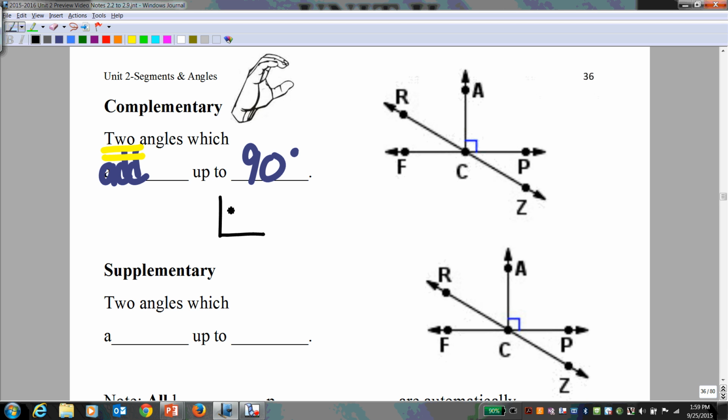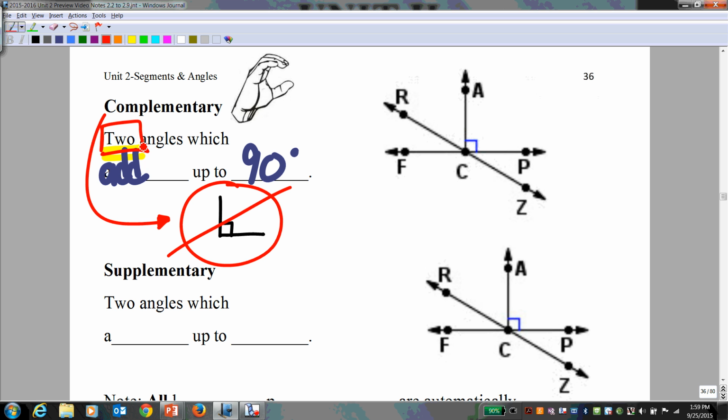Draw that little baby right angle there. Put a circle around it. Put a line through it. It's very important. Complementary does not mean a single right angle. It's two angles which add to 90.